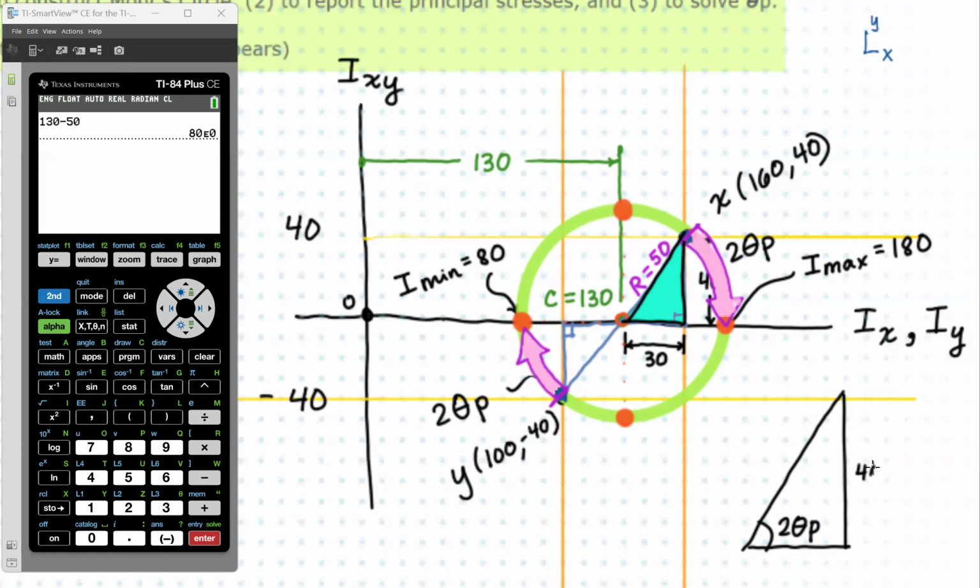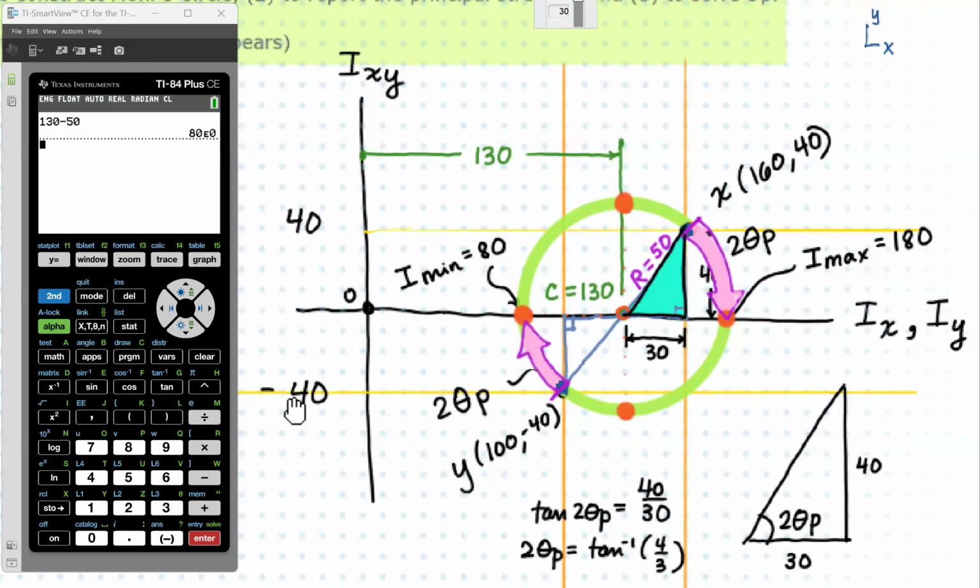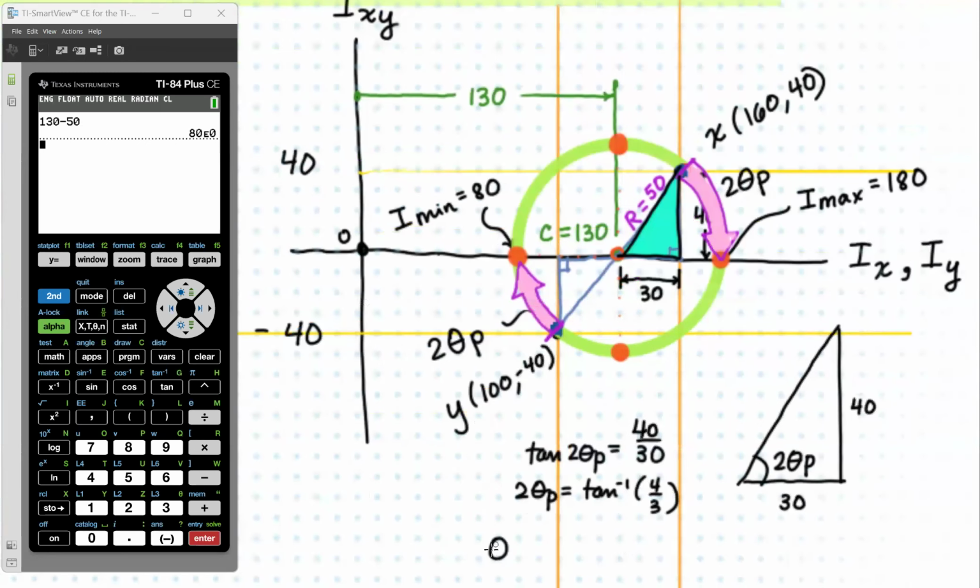So if this is 40 and this is 30, then I would just say tangent of 2 theta p equals opposite over adjacent. That's 40 over 30. So 2 theta p equals inverse tangent of 4/3. And theta p, that's the rotation in real life, is equal to half of that.